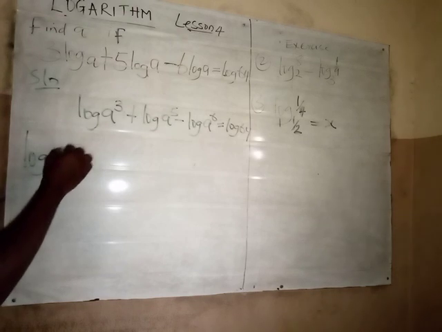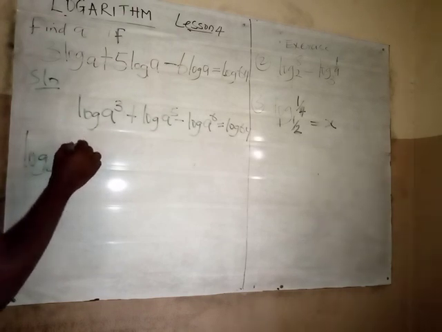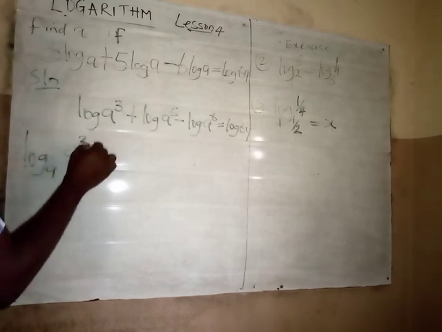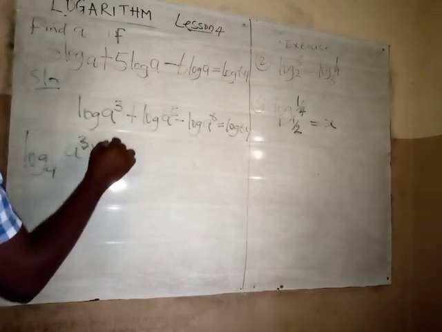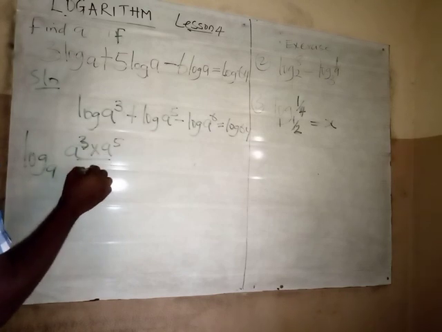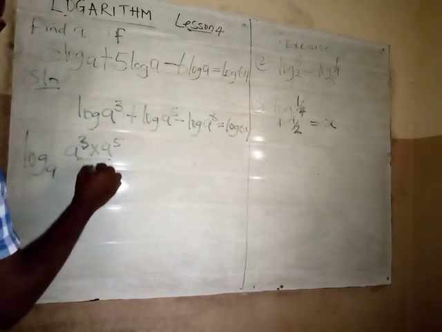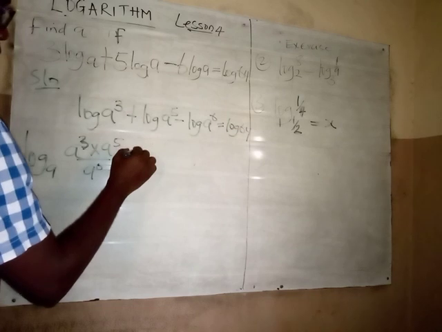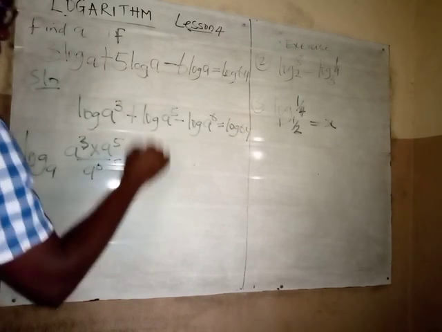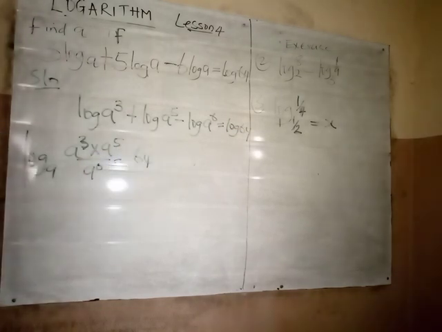So what we now have: log of a raised to power 3 times a raised to power 5 over a raised to power 6 equals log 64.